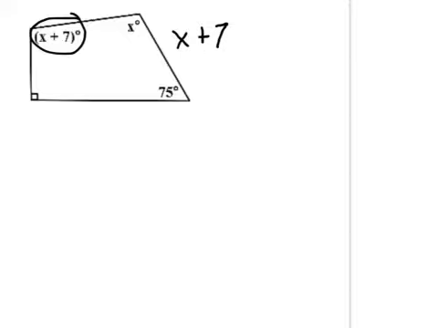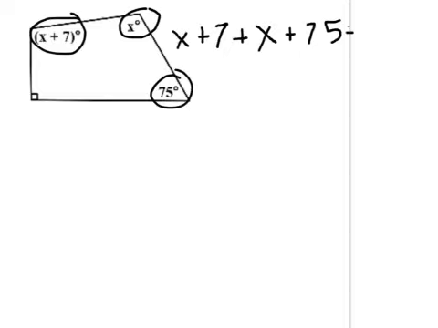X plus 7. We're going to add it to the next angle. What's this angle? What's this angle? Someone raise your hand. Tell me what that angle is. Emery? 90. It is 90. Remember the little box means 90. Nicole, what do they add up to? 360.